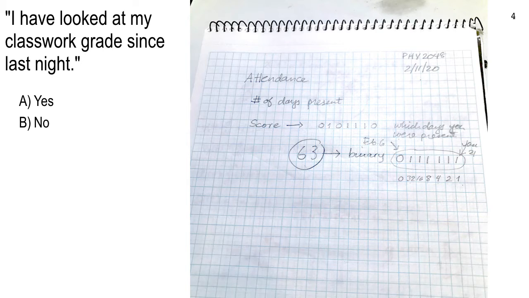Anyway, so what this means is, okay, the first one is January 21st. And the last one is February 6th.